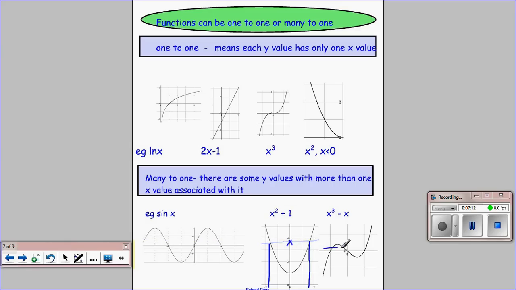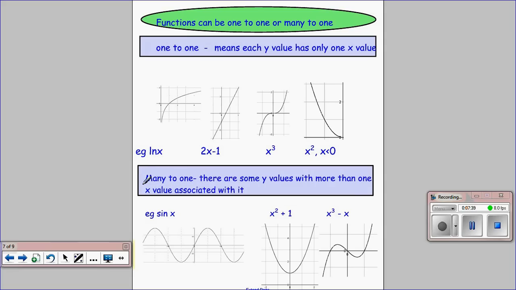And here we can see this value of x and this value here and here. So we have different x's which will give you the same value for y, and these are called many-to-one functions. So for different values of x, you can still get one answer for y.